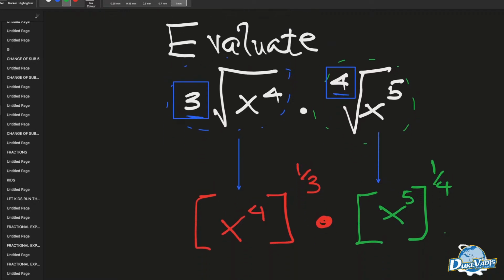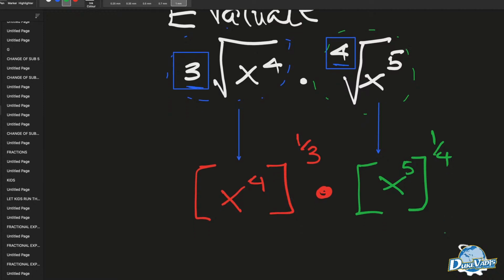Friends, if you look at this, it looks so beautiful because it's a gentle way of expressing this mathematics. You see? So x raised to the power 4 all raised to the power 1/3 times x raised to the power 5 all raised to the power 1/4.